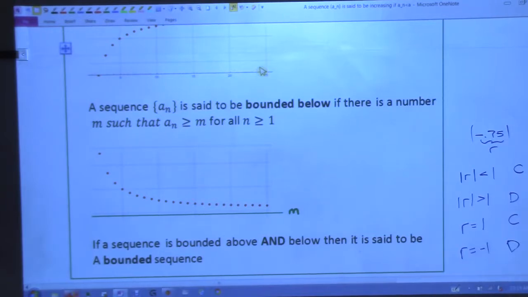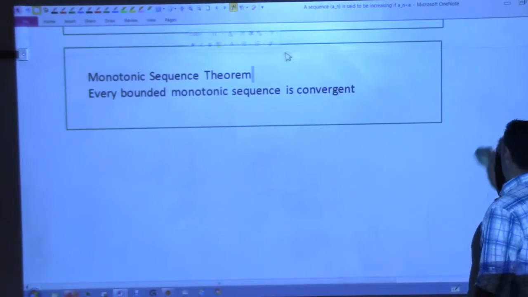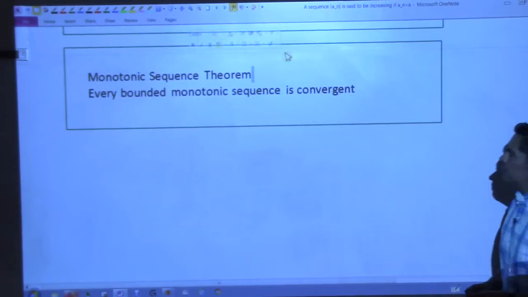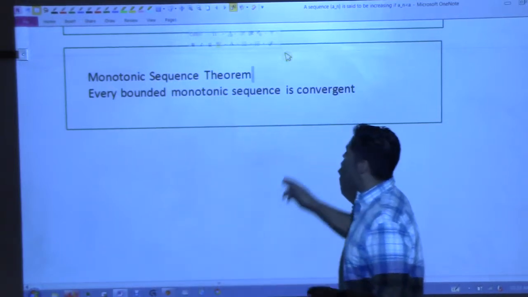That all leads us to the last very important theorem, which is called the monotonic sequence theorem. The monotonic sequence theorem says that every bounded monotonic sequence is convergent.